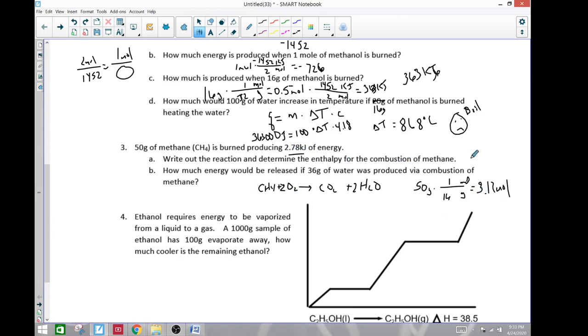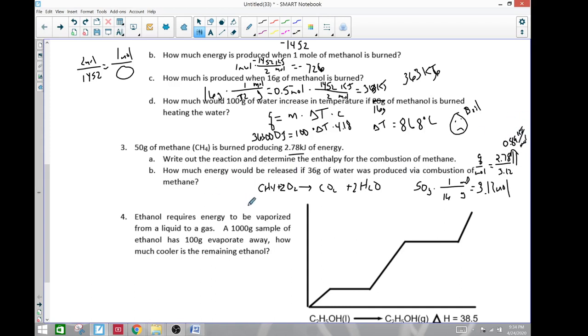So the Q per mole equals 2.78 divided by 3.12, and let's do that. It's in kilojoules, by the way. 2.78 divided by 3.12 equals 0.89. 0.89 kilojoules per mole.